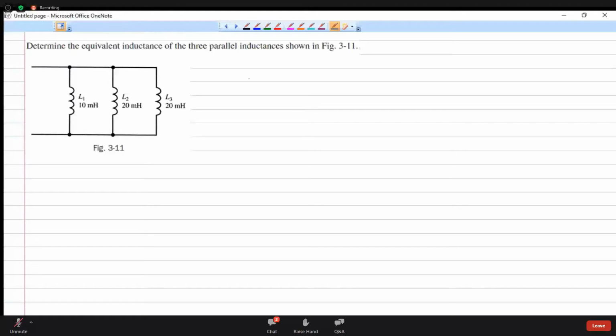When inductors are in parallel, we can write that 1 by L equivalent is equal to 1 by L1 plus 1 by L2 plus 1 by L3. 5 millihenry is the correct answer.